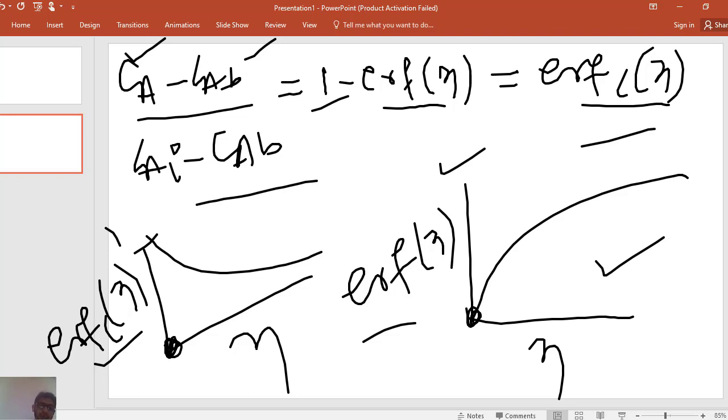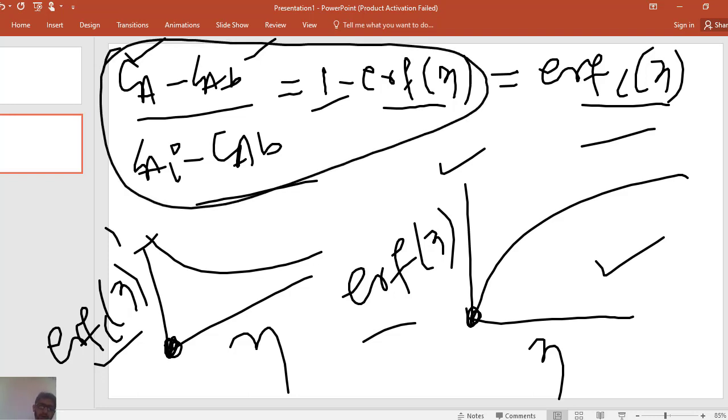So this is the final form, which gives us the relation between concentration and distance and time, because the similarity variable contains both quantities. The similarity variable is x divided by the square root of 4 times diffusivity times time.